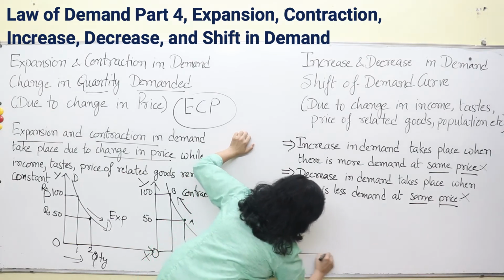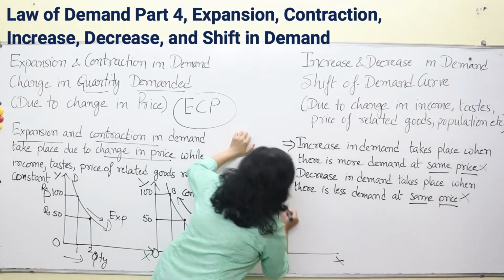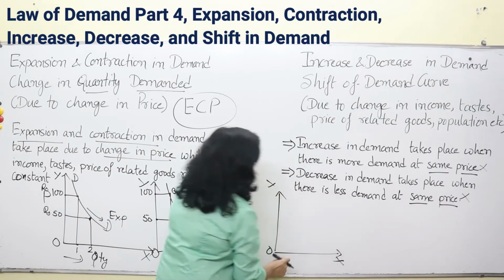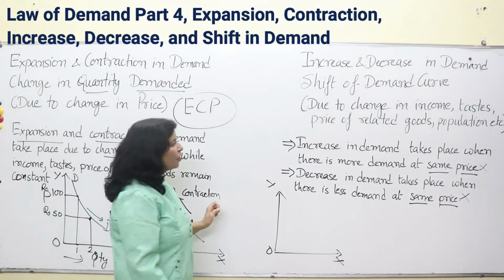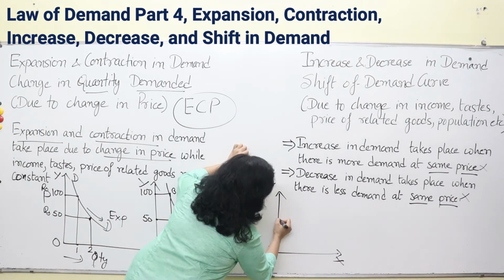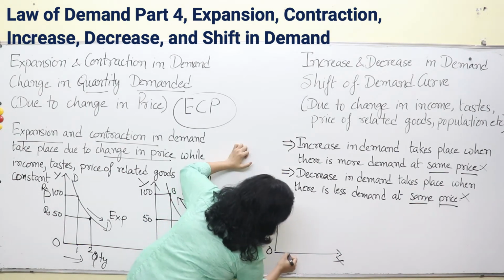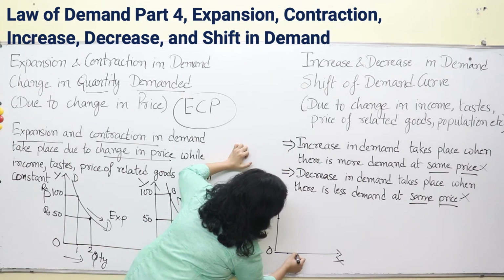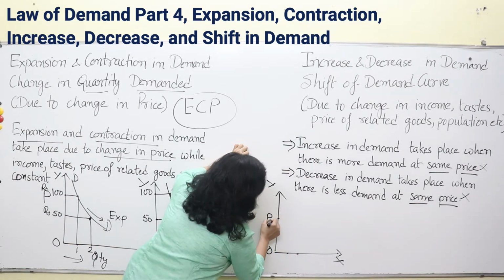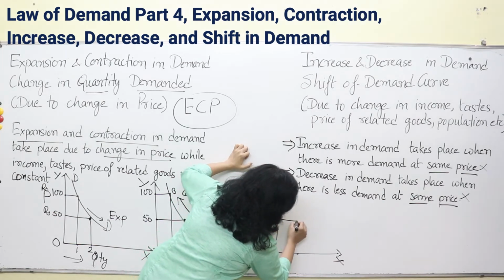Now make a graph: O, X, Y, arrows. Now what we will do? We will keep the price the same here. Take another nariyal pani example. At some price, say 100 rupees, I was consuming 2 nariyal pani.